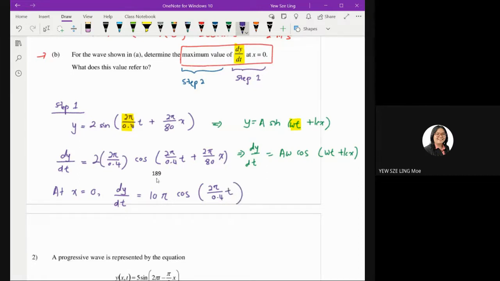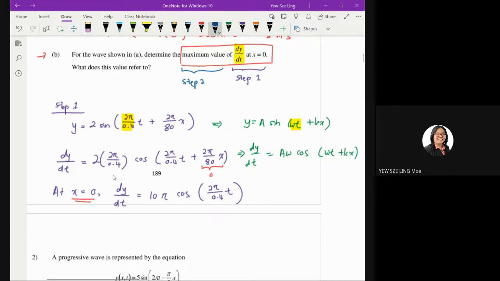Because you substitute x equals 0, this whole term becomes 0. So now we have dy over dt equals 10 pi cos (2 pi over 0.4 t) at x equals 0. That is our step number 1.